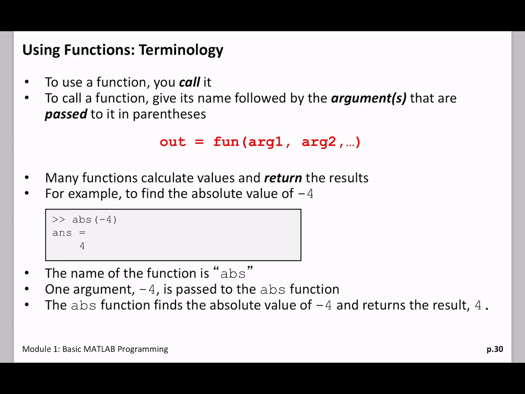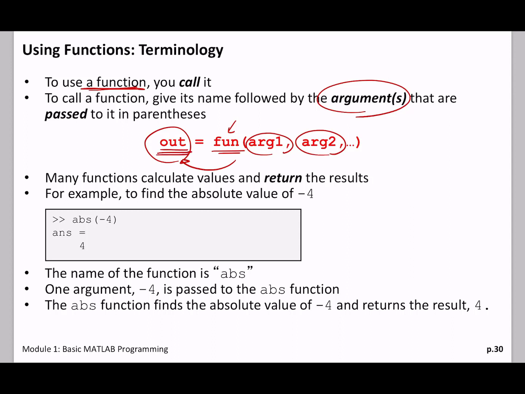To use a function, you call it with an input argument, pass the input argument to the function, and it returns the output. So here's the syntax. Here's the function, and there are lots of functions in MATLAB. You put the input argument here. Then the output value is assigned to the output variable. In this case, out is the variable name.